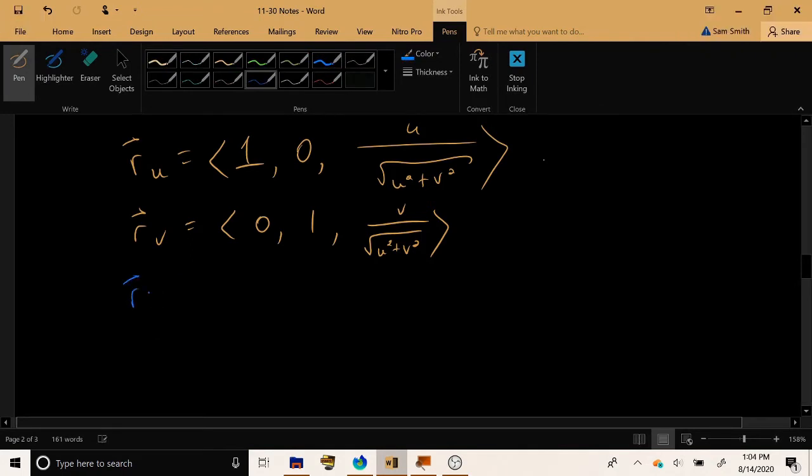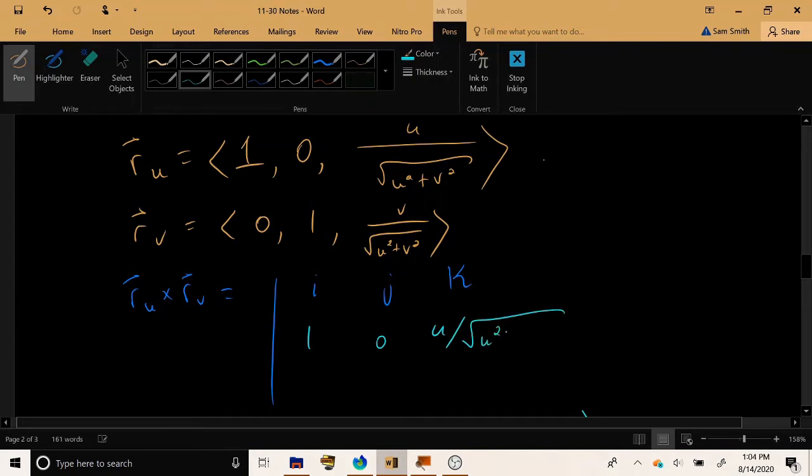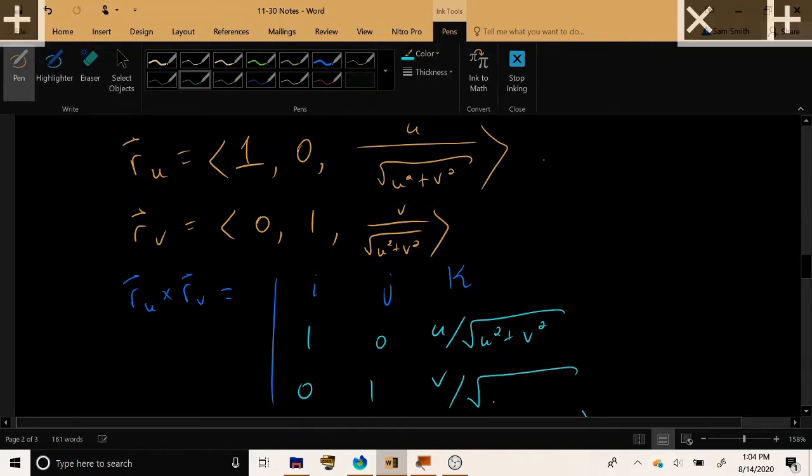So let's calculate r_u cross r_v: i, j, k, the first vector 1, 0, u over square root u squared plus v squared, and then 0, 1, v over square root u squared plus v squared.